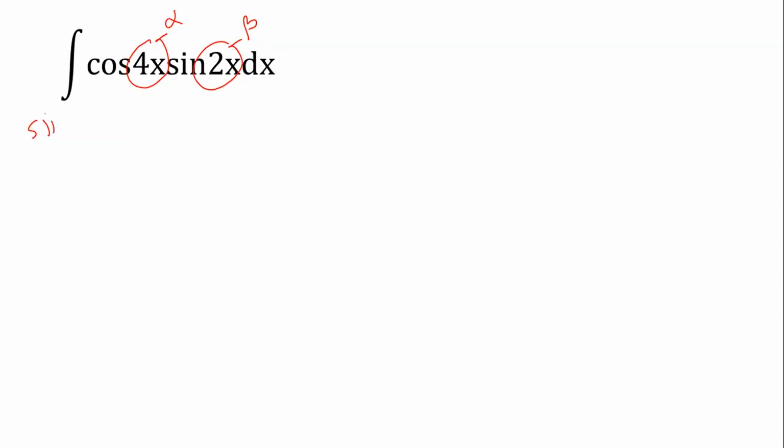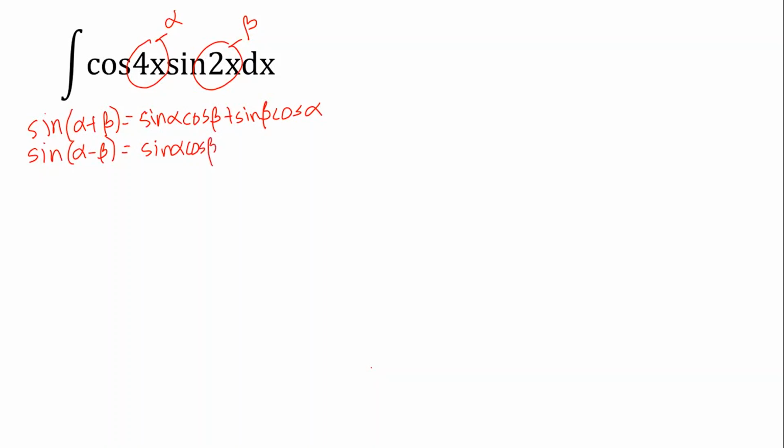We have sine of alpha plus beta is equal to sine alpha cosine beta plus sine beta cosine alpha. And for the difference of the angle, we have sine alpha minus beta is equal to sine alpha cos beta minus sine beta cos alpha.